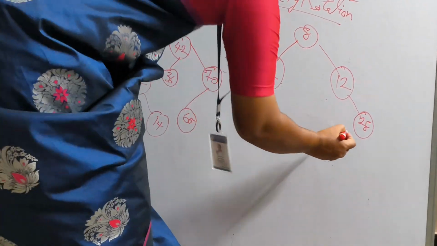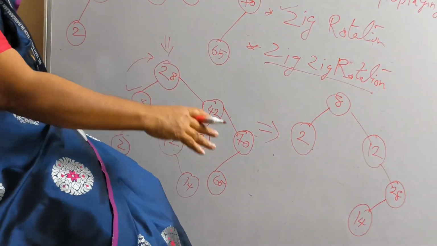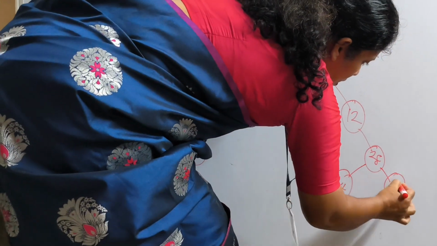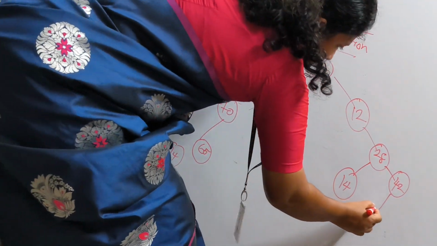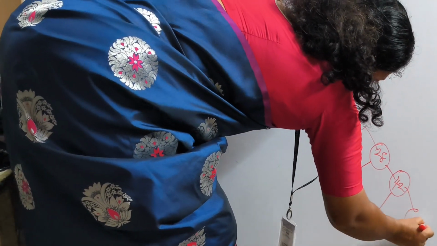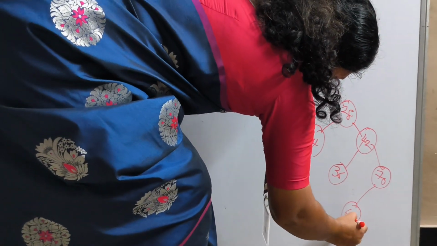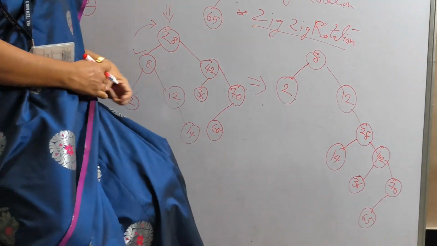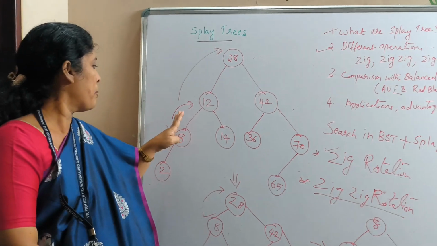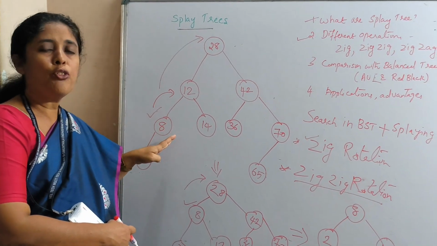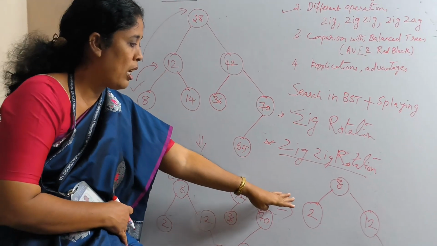This is the root node, and now this 14 will come here, and the rest of the elements will be the same as it is. 42, 36 here, 70, and finally we have 65 at the left position. So this is how your tree will appear after zigzag rotation, that is bringing the left grandchild of the root node to the root. So this is the actual.